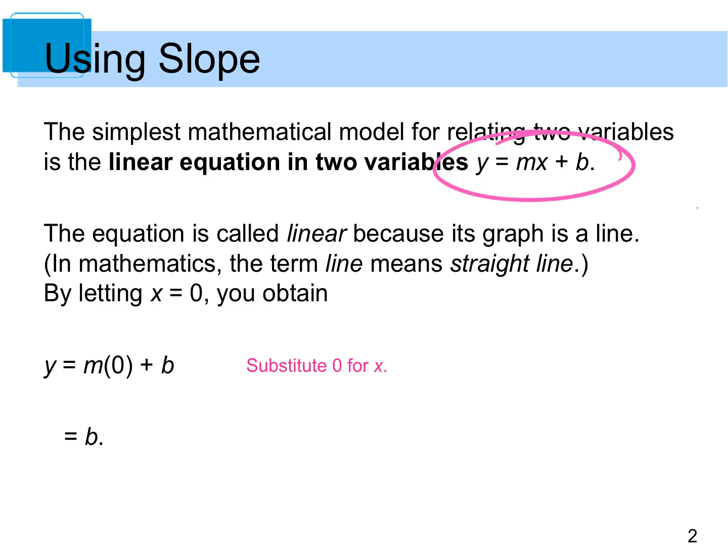So anything written in this form is linear, where m is our slope and b is the y-intercept. So if we had a graph, b is where we cross the y-axis.